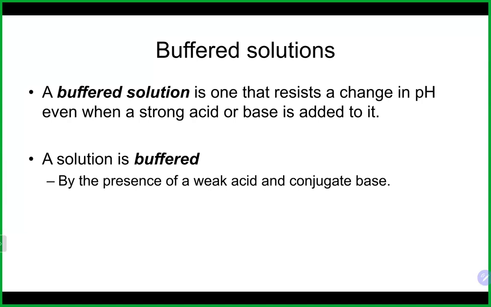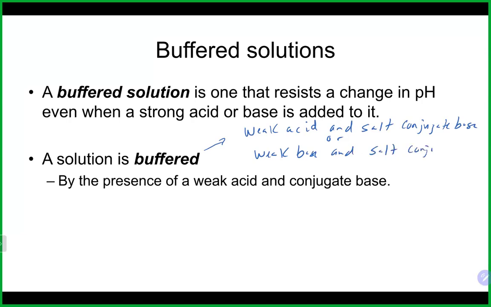A buffer is made up of one of two combinations, which is really important for how a buffer actually works. It is either made up of a weak acid and the salt of its conjugate base, or you can have a buffer that's made up of a weak base and the salt of its conjugate acid.